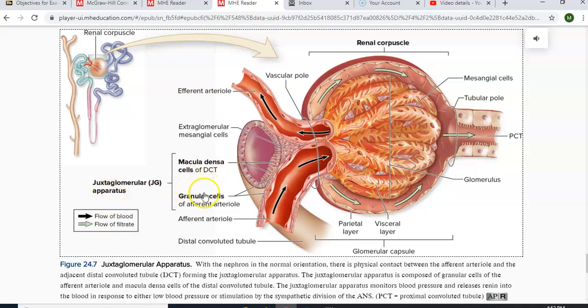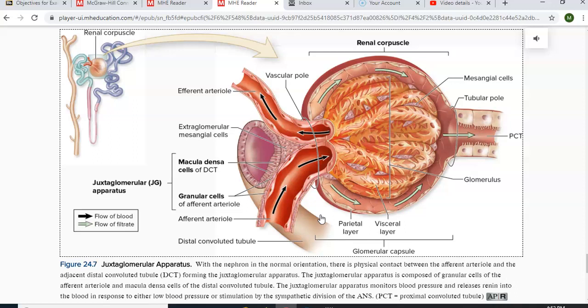It's made up of these two structures. It's a little hard to tell here, but this little brown tube here, that is the distal convoluted tubule. It probably wasn't real obvious in lab, or we didn't point it out anyway.